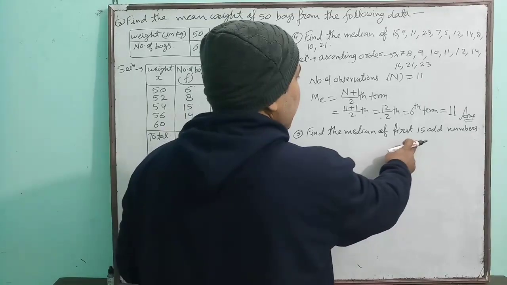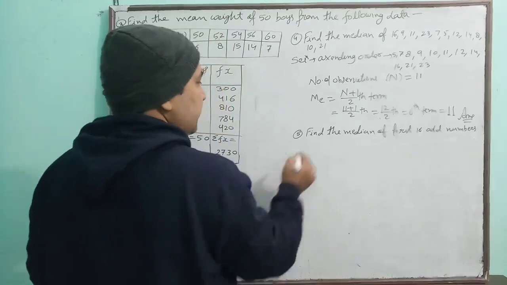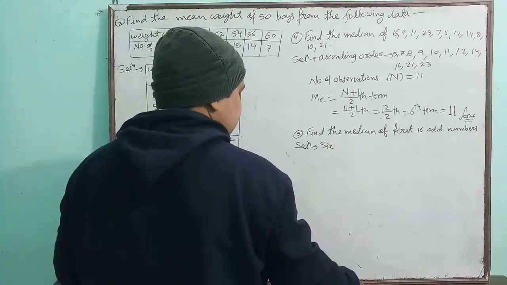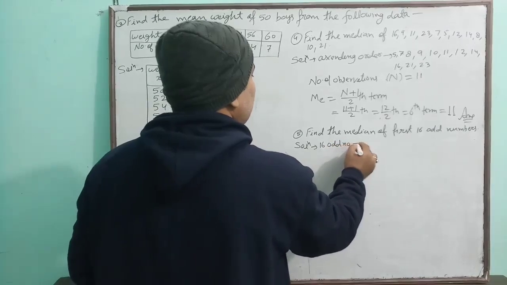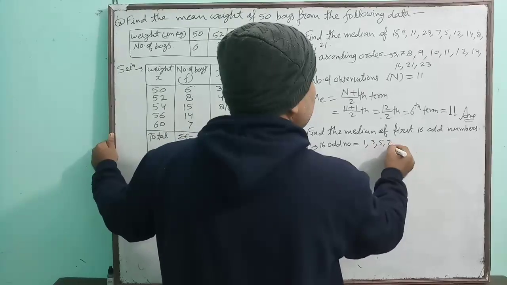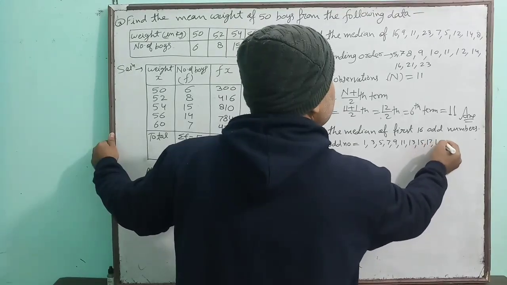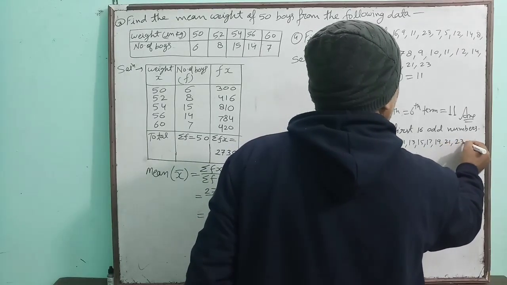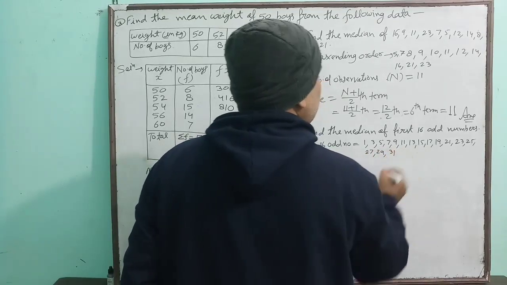Find the median of the first 15 odd numbers. See, I am taking 16 odd numbers. Okay? So see how to do it. First write down 16 odd numbers. 16 odd numbers are 1, 3, 5, 7, 9, 11, 13, 15, 17, 19, 21, 23, 25, 27, 29, 31.